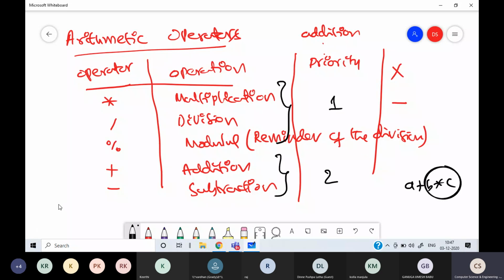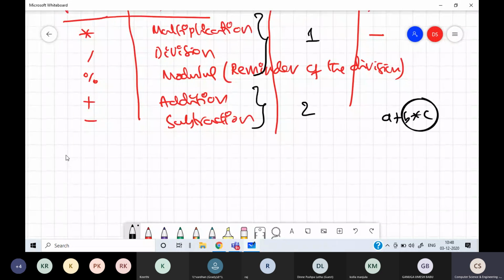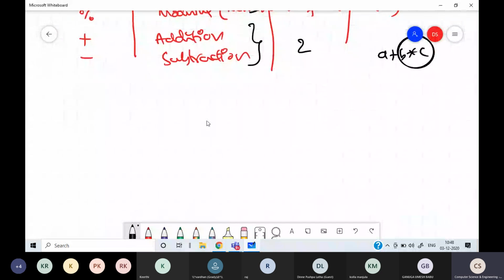But there are many other concepts we should know, because even though we perform arithmetic operations in day-to-day life, the computer performs the arithmetic operation differently. Now, how do we build an arithmetic expression?